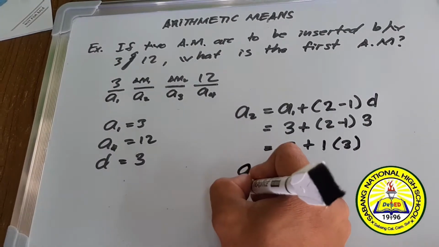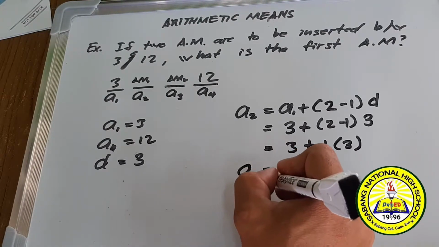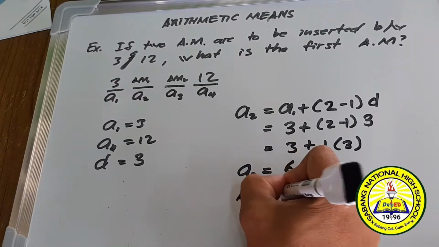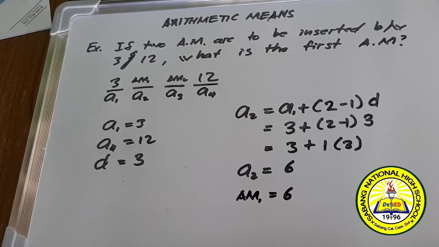Therefore, since a sub 2 is 6, then what is being asked, the first arithmetic mean, am sub 1, is equal to 6. The rest, am sub 2, you can just simply compute using the same formula.